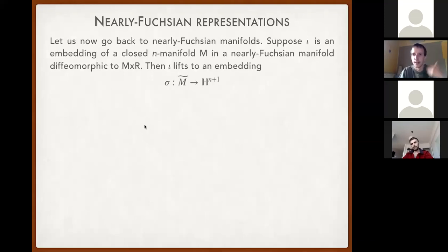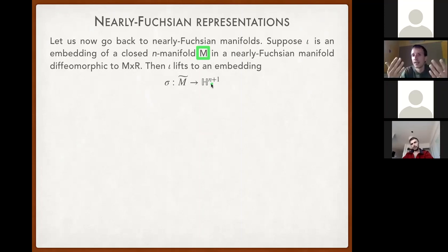Remember, a nearly-Fuchsian manifold is topologically a product of a closed manifold M and the real line. Suppose we have an immersion of M inside this manifold, which is basically a horizontal slice. Then we can lift this to the universal cover, and this gives an embedding of the universal cover inside H^(n+1).